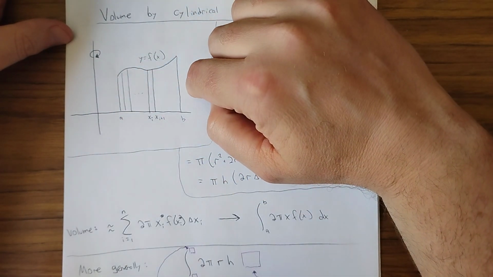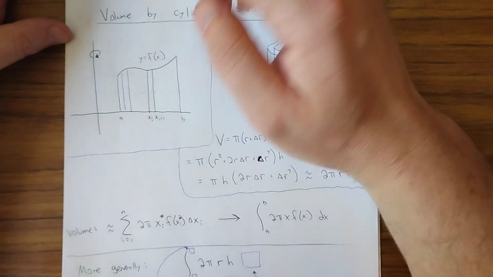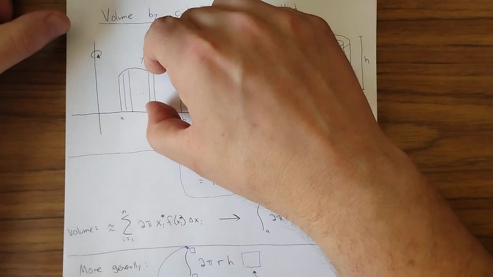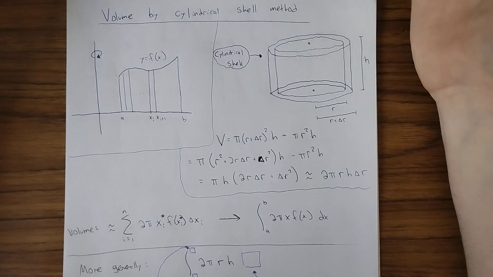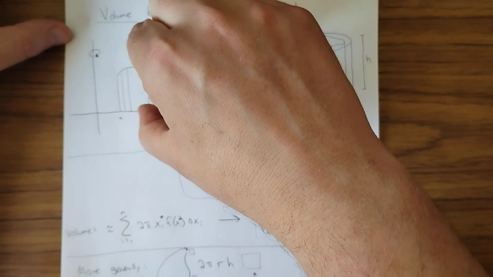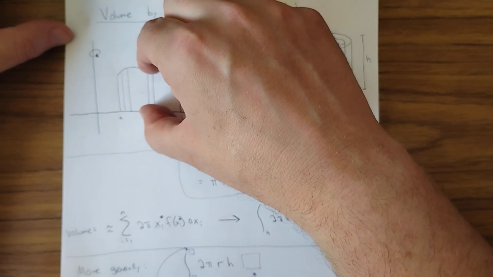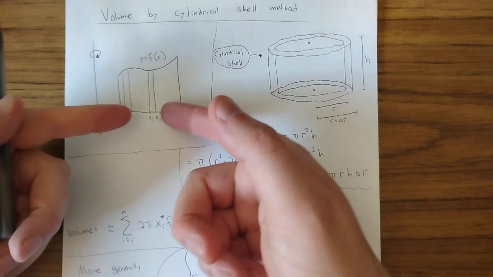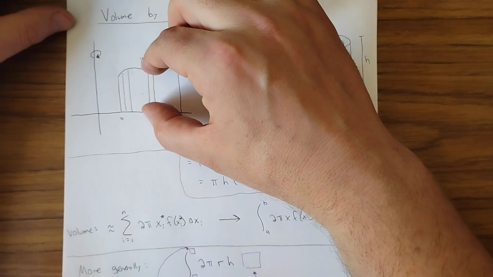We have this region. We are going to split it into a bunch of subintervals, and we're going to treat each subinterval as if it's a rectangle. That's all usual stuff. Except this time I'm going to take this vertical rectangle. I'm calling it vertical just because it's much thinner than it is tall.